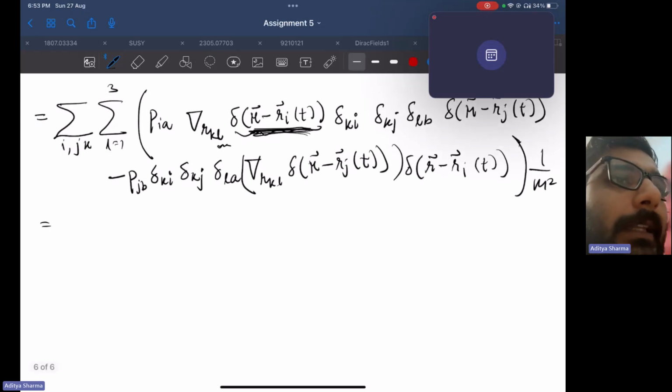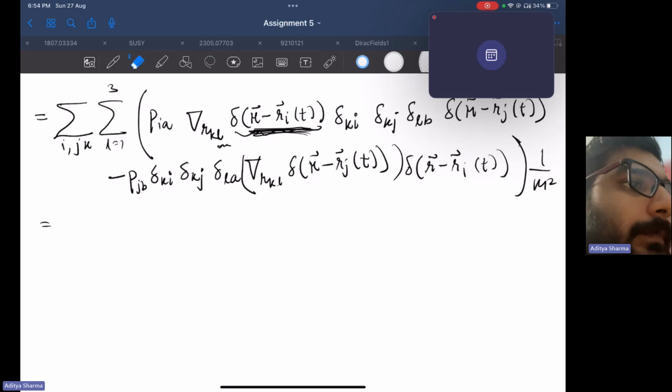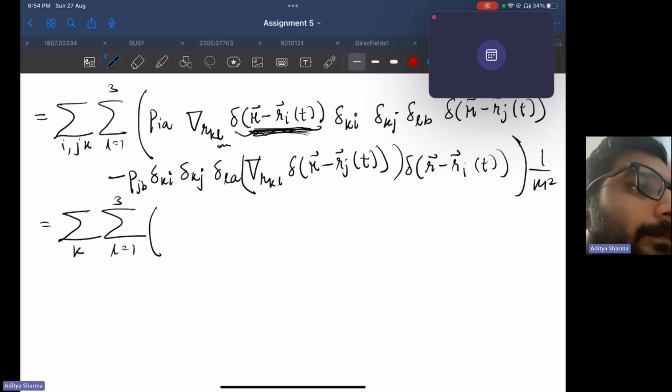Then KL will have, so K is equal to I and K is equal to J. So this means I equal to J. And so we will have summation L from 1 to 3, Pi, okay, I equals J, so Pj A.